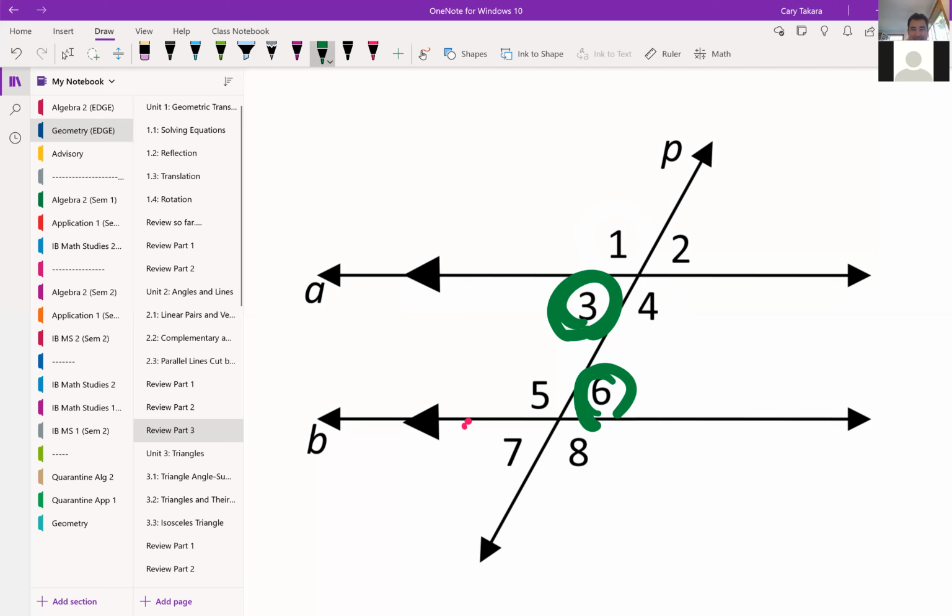So let's switch the question around. I'm going to ask you to pick two angles that will make up alternate exterior angles. There are two possible solutions. Which pair will be called alternate exterior angles? Which numbers?